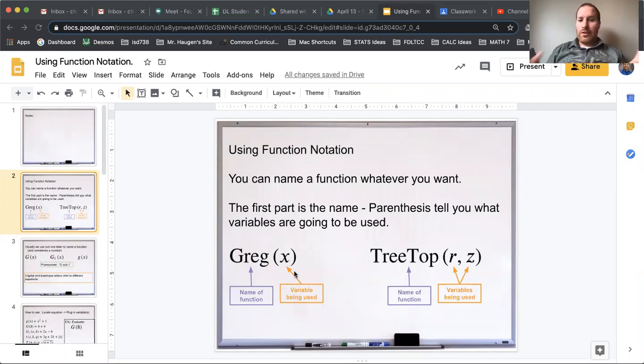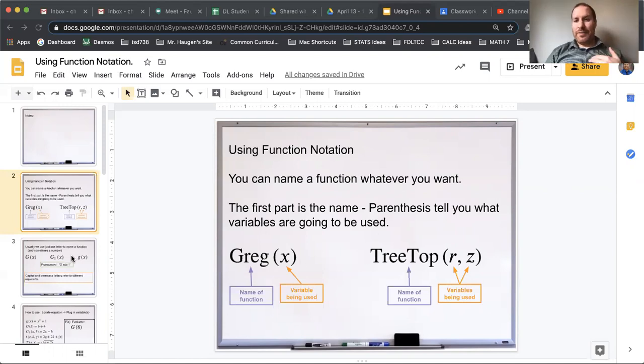And that's all that's happening, right? You can name it whatever you want to, and then you just put the variables afterwards in parentheses. In this case, with functions, the parentheses does not mean multiply. It just means that's the numbers or the variables that we're going to be using, okay?